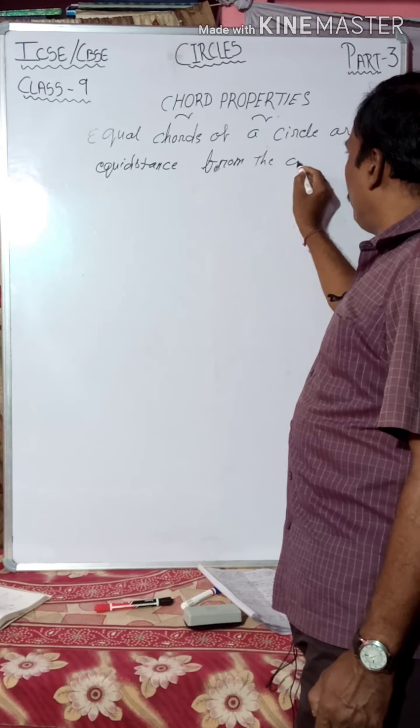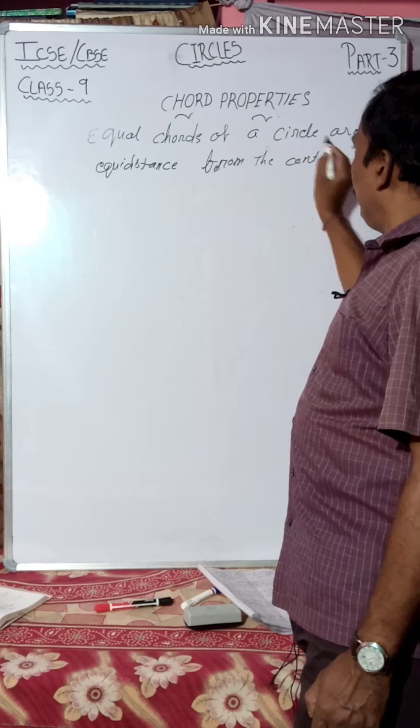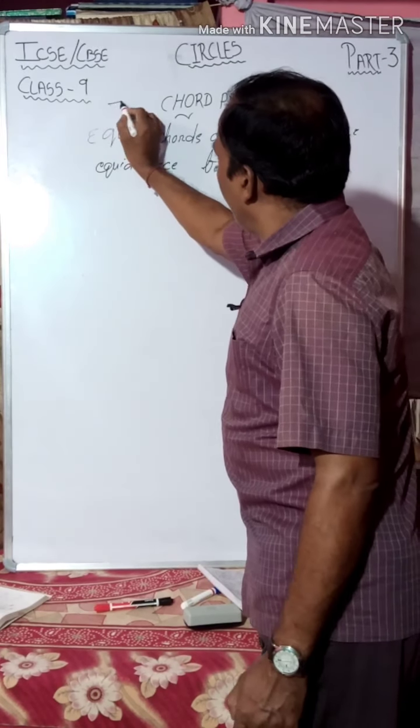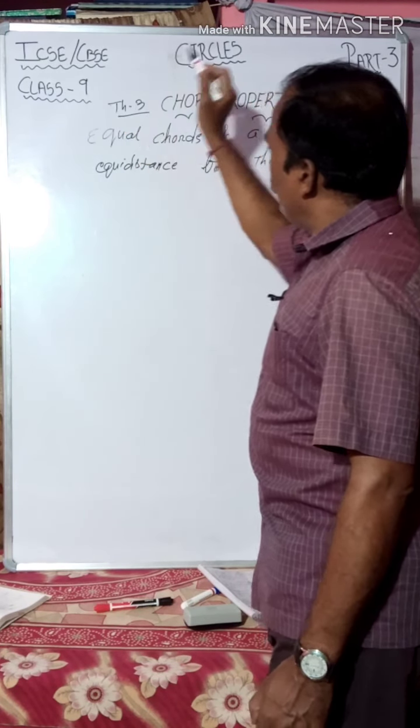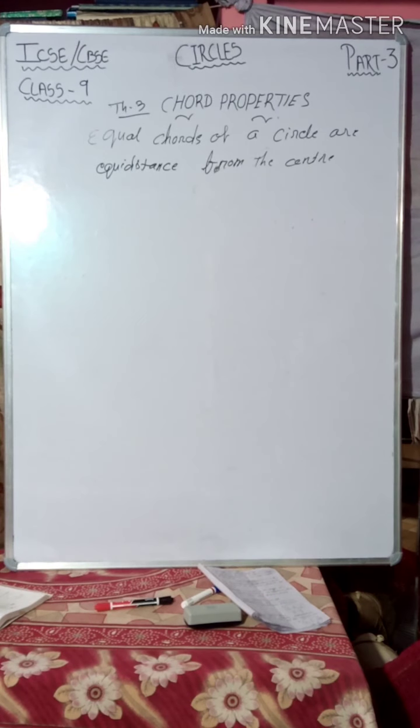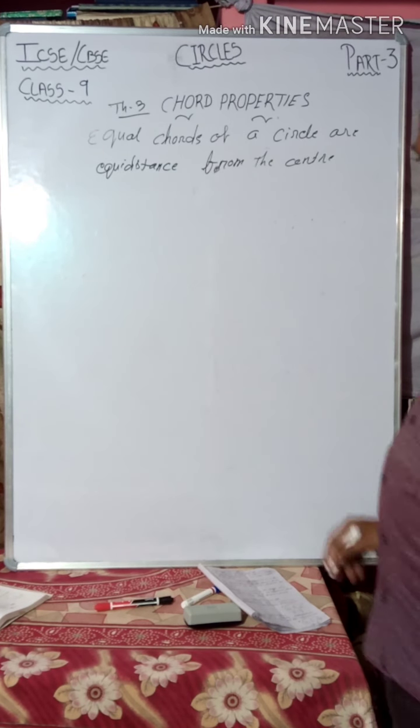This is theorem 3. Equal chords of a circle are equidistant from the center.